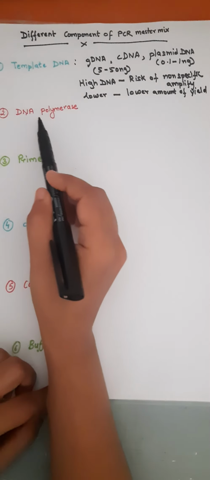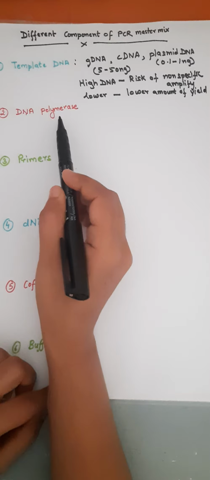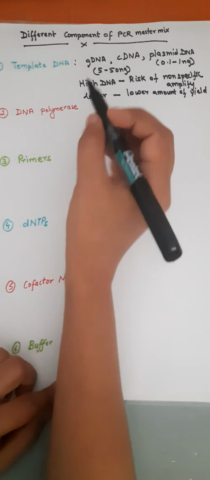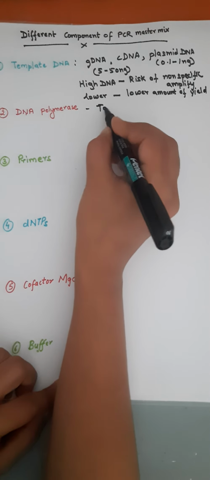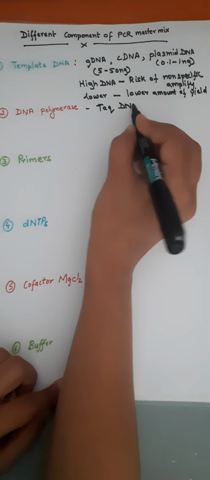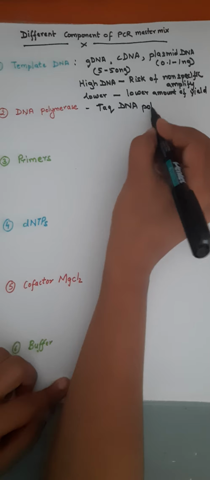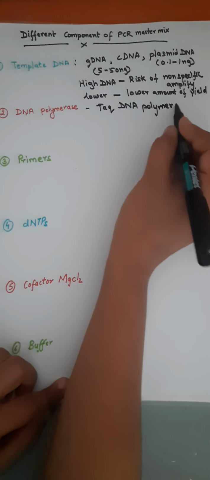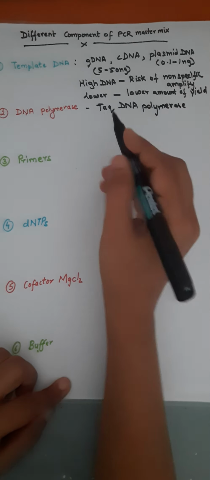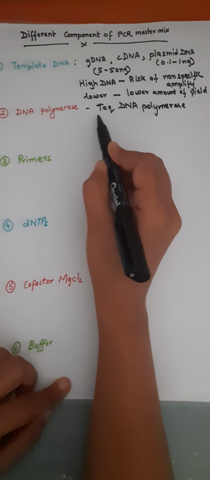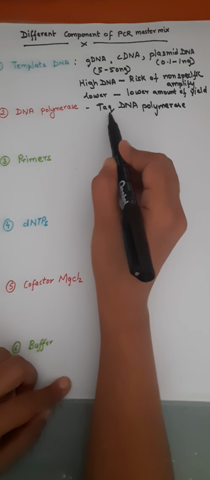Then comes another important component, the DNA polymerase. Taq DNA polymerase is very important and widely used for the PCR reaction. Taq is the DNA polymerase acquired from the species Thermus aquaticus, T for Thermus, Aq for aquaticus.